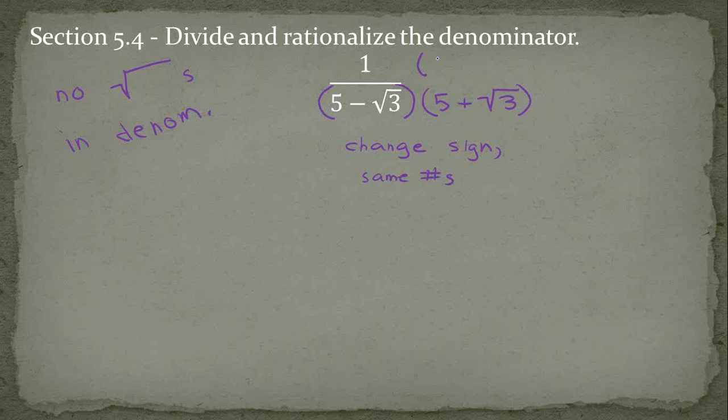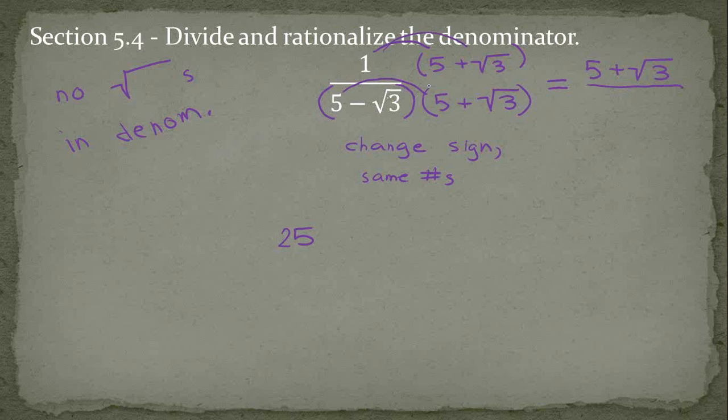And whatever you do to the bottom, you must also multiply the top by. So we're going to multiply by the conjugate, and we'll get the answer. The numerator, when you distribute 1, this will stay 5 plus radical 3. The denominator, we will FOIL. 5 times 5 is 25.